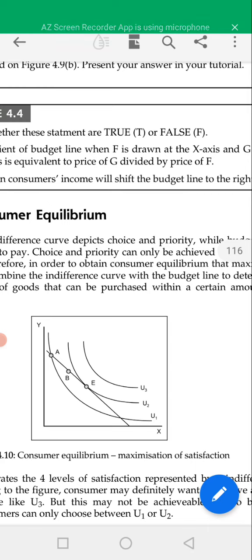B as well is lower than U2. The consumer will go on the highest indifference curve, which is not U3, because U3 is out, since it's above the budget line. So the highest indifference curve is U2. Therefore point E will be the consumer's maximizing bundle. Why point E? Because it's on the budget line and on the highest indifference curve that can be attained by this consumer with a given income, which is U2.